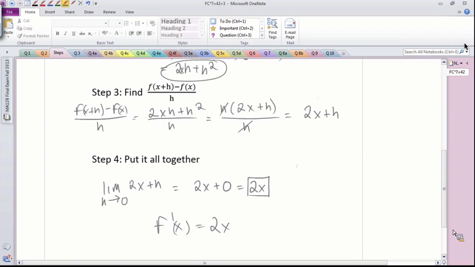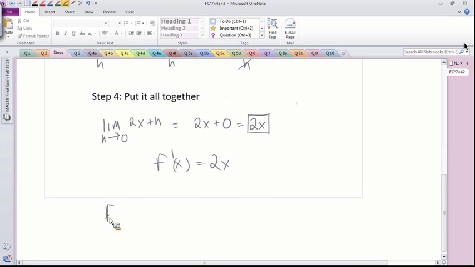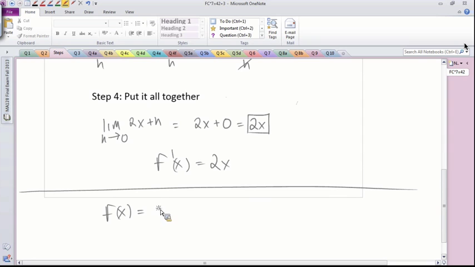Now you can always double check your work, right? Because the original question was f of x is equal to x squared plus 3, and by this point you should know how to use, this is just a side note, if f of x is equal to x squared plus 3, by now you should know your power rule. So finding the derivative of this should be easy.